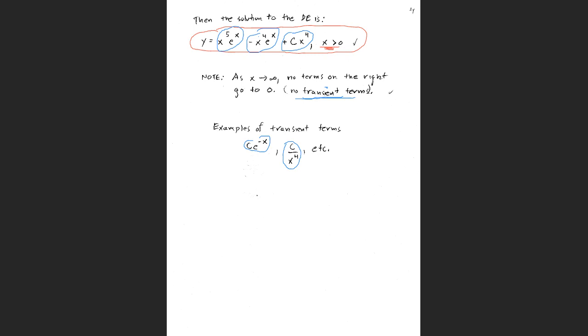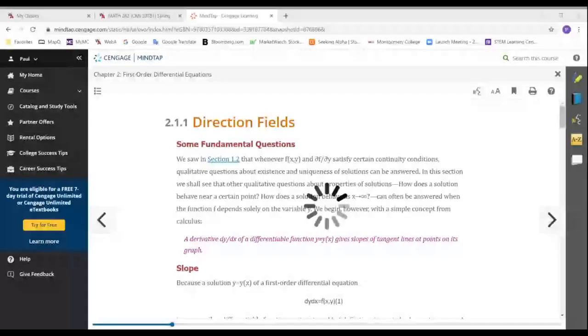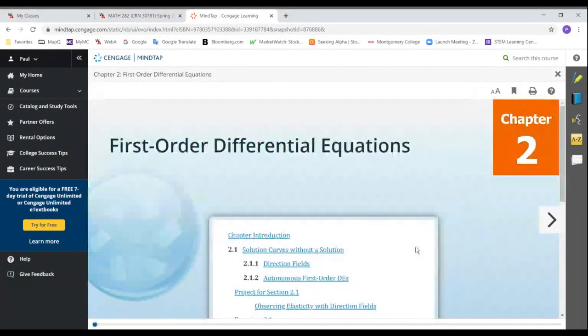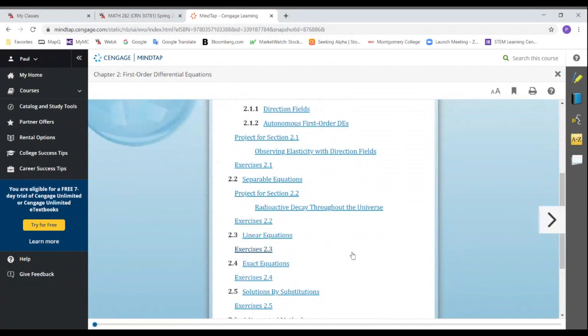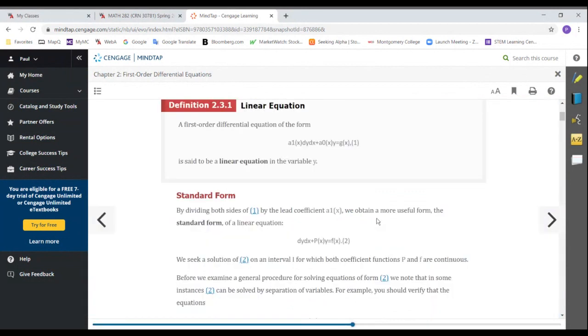Let me just go into the ebook if that's okay. Let me find our section here. 2.3, linear equations.